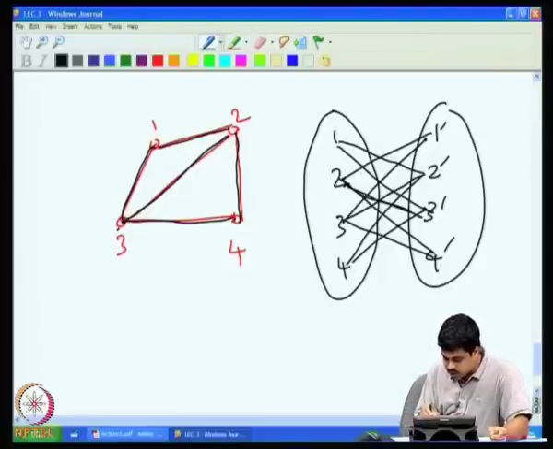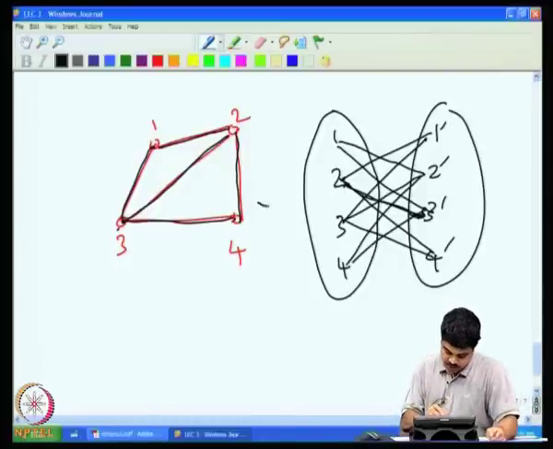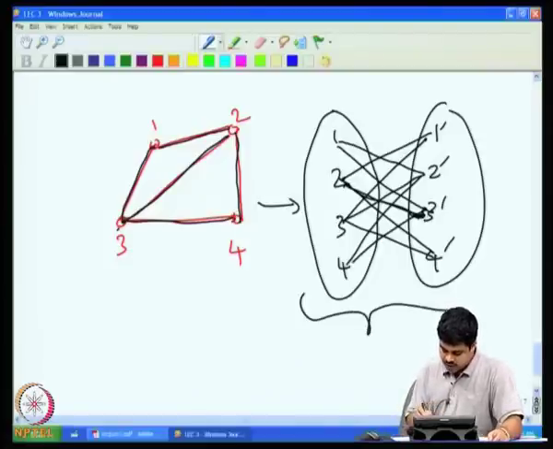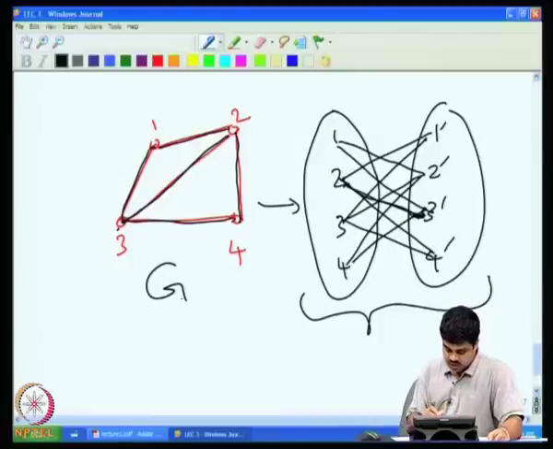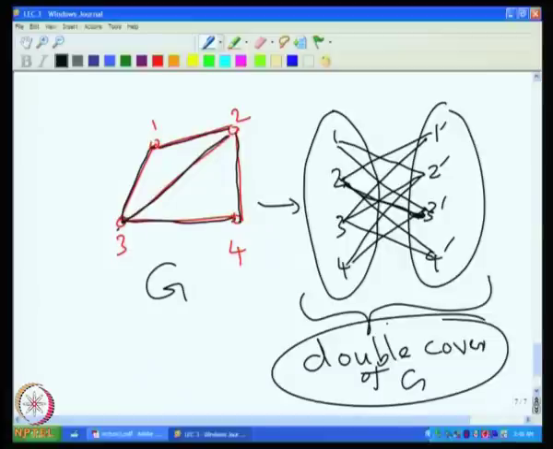This is the bipartite graph which is associated to this graph. This bipartite graph we associate with this graph G is called a double cover. This is the word which we use, double cover of G. So, this is a natural way of associating a bipartite graph to a given graph.